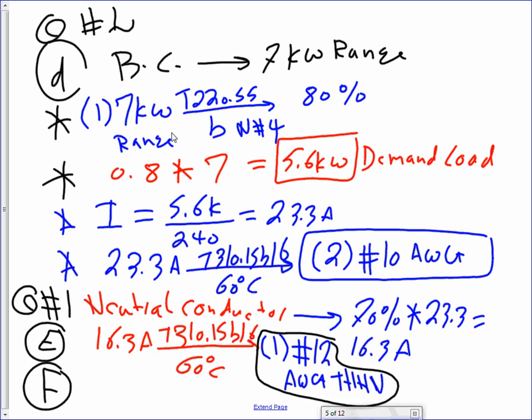You're going to take the 23.3 amps, take it to 240.6. What size? 25 amp. So the next standard is a 25 amp circuit breaker. So you have a 25 amp circuit breaker.